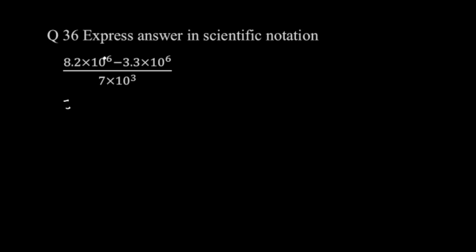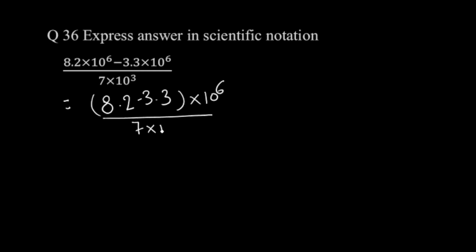We have the same power in the numerator, so we can subtract by using the distributive property. 8.2 minus 3.3 multiply 10 to the power 6 divided by 7 multiply 10 to the power 3. 8.2 minus 3.3 is 4.9 multiply 10 to the power 6 divided by 7 multiply 10 to the power 3.